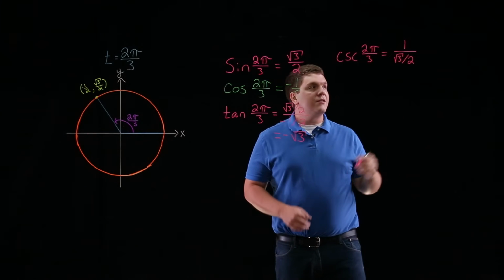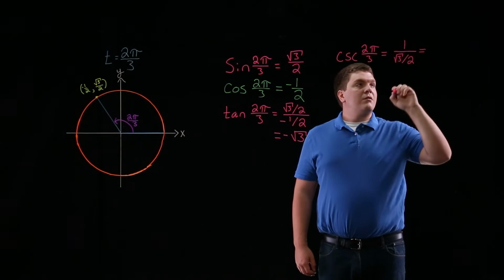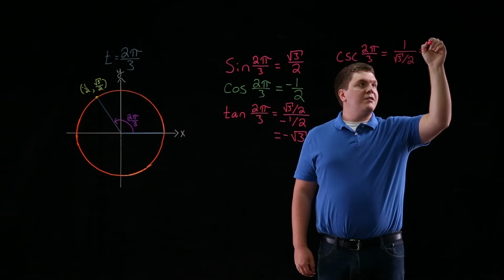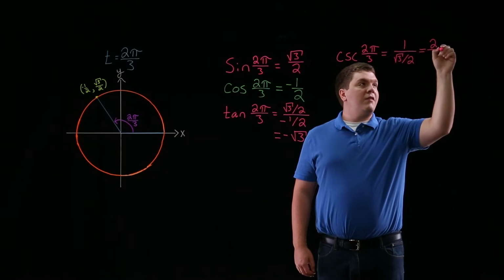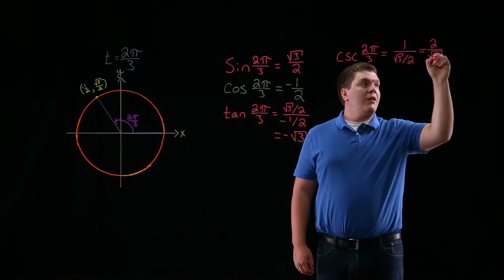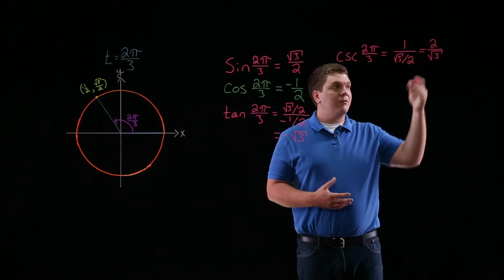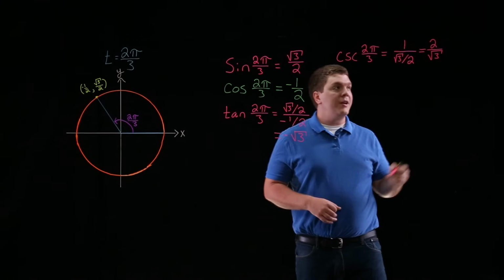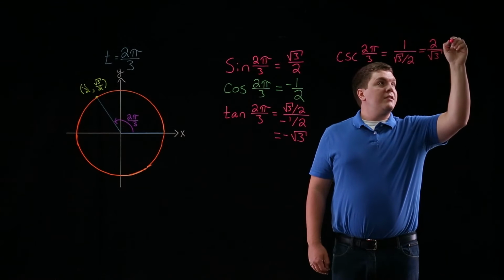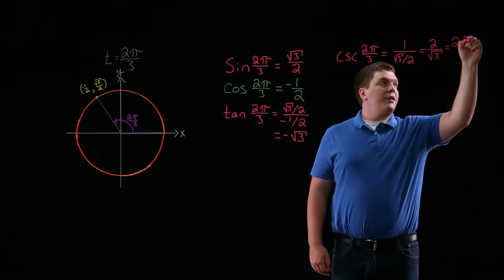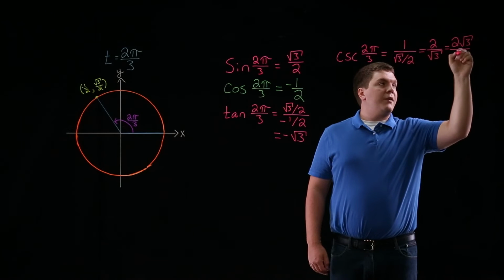And we can simplify this. So simplifying, this is equal to 2 divided by the square root of 3. And we can also rationalize the denominator by multiplying the numerator and denominator by the square root of 3. So this leaves us with 2 times the square root of 3, all divided by 3.